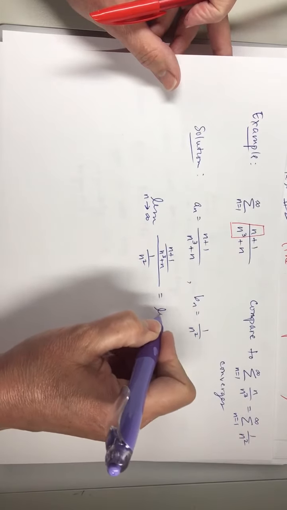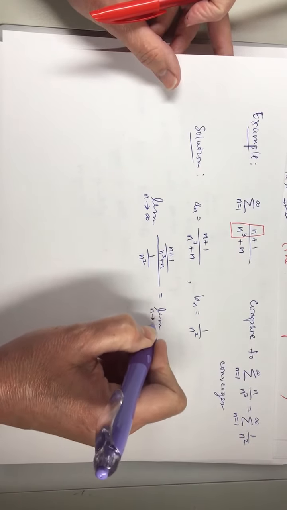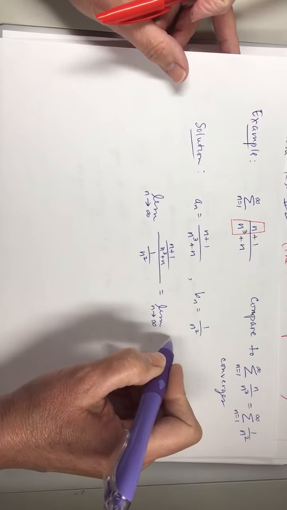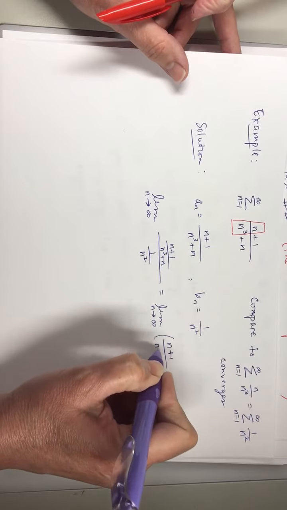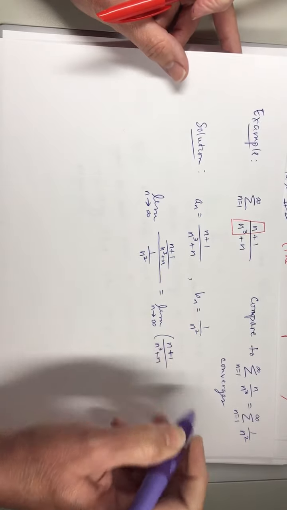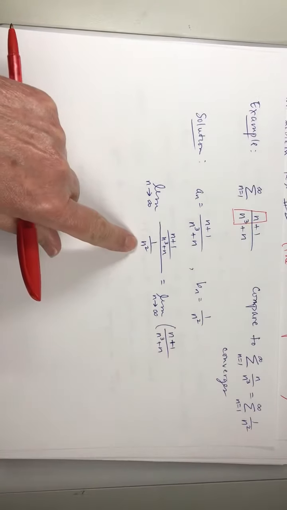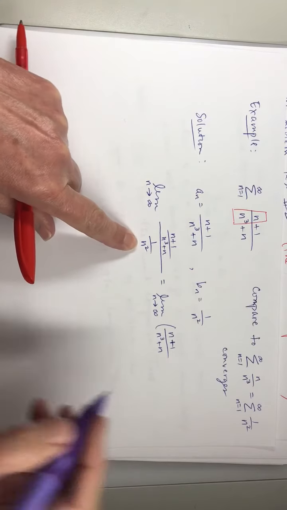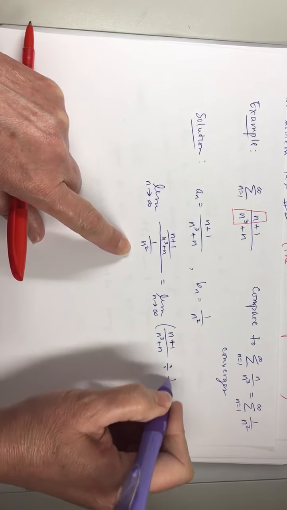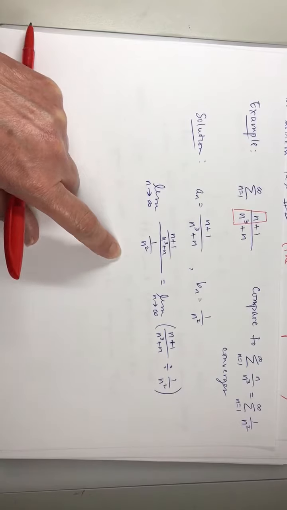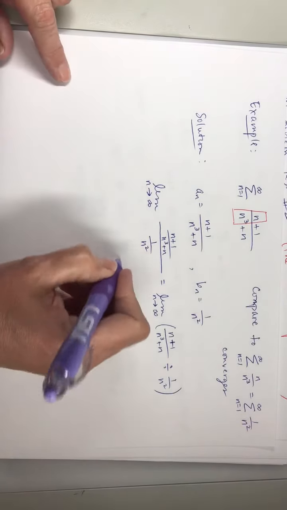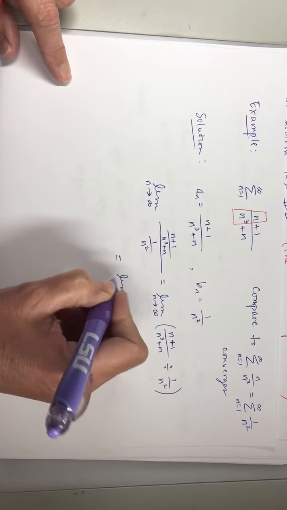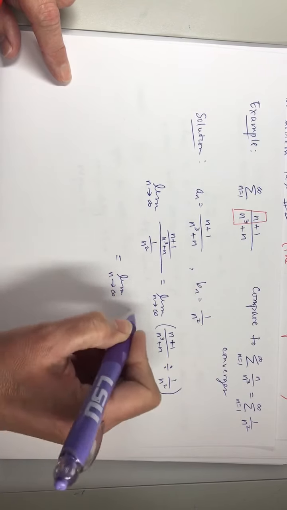Well, this is the limit as n approaches infinity of n plus 1 over n cubed plus n, divided by 1 over n squared. You know how to divide two fractions, right? You take the second one and flip it and multiply.